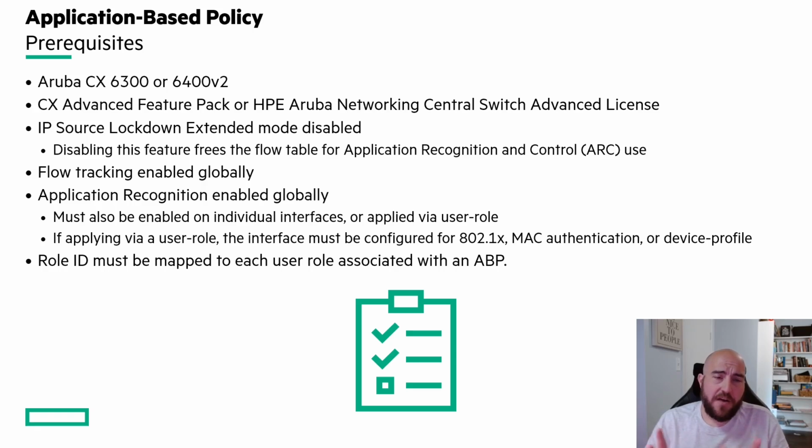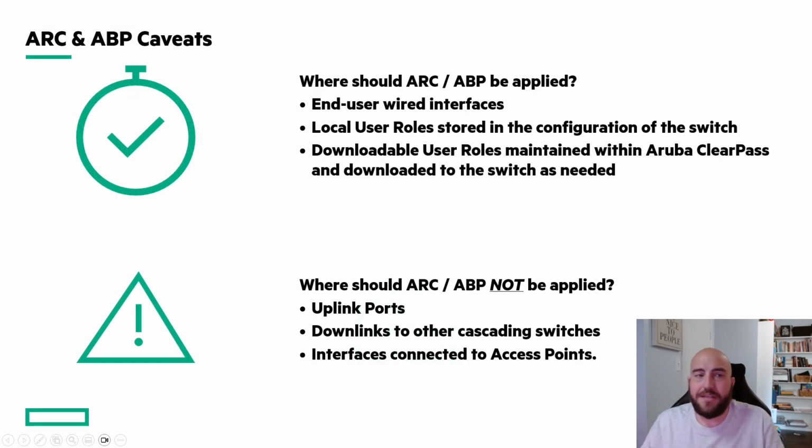And then the final caveat that I really want to cover is that you have to match your user role with a group-based policy role ID that connects the policies with the role and allows that to be functional. So the last thing I really want to point out is where we should be applying this.